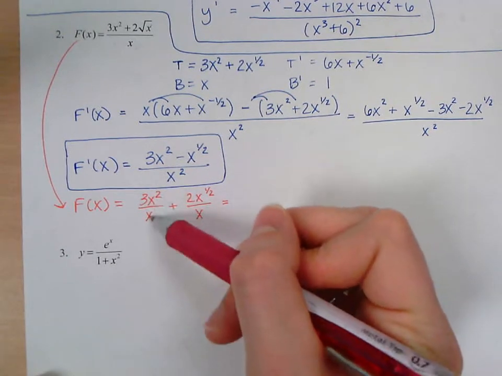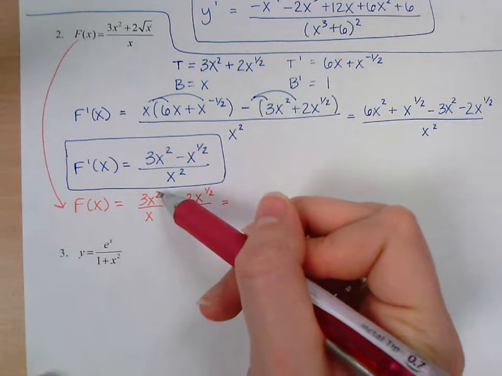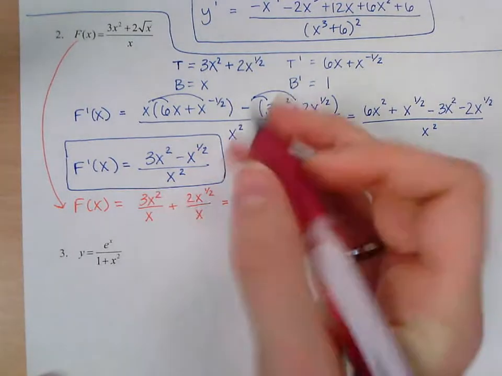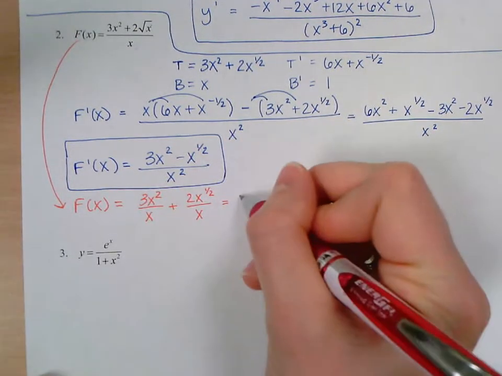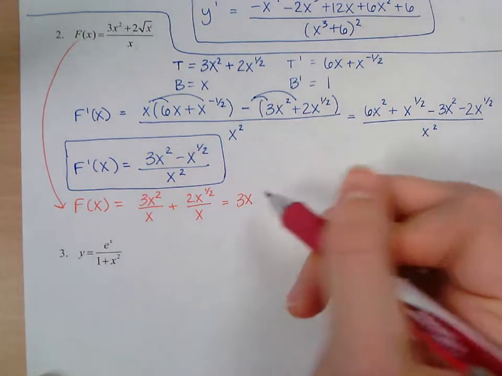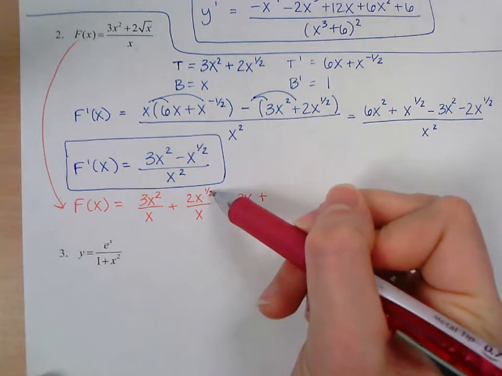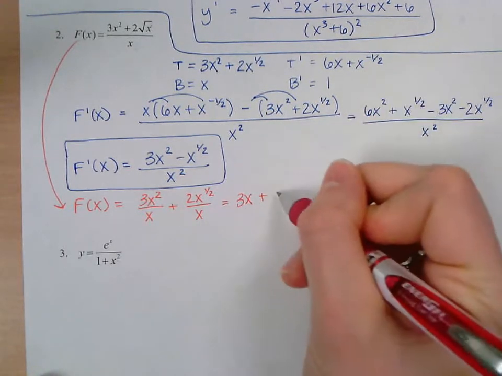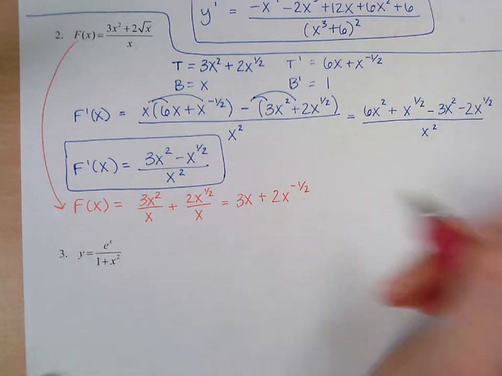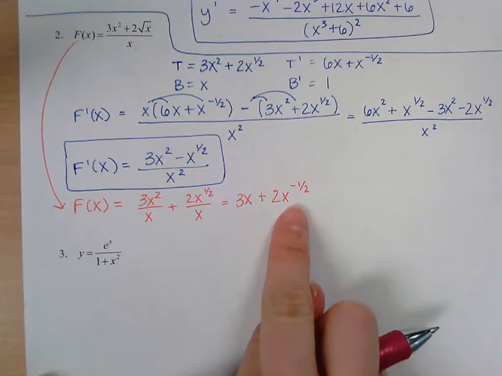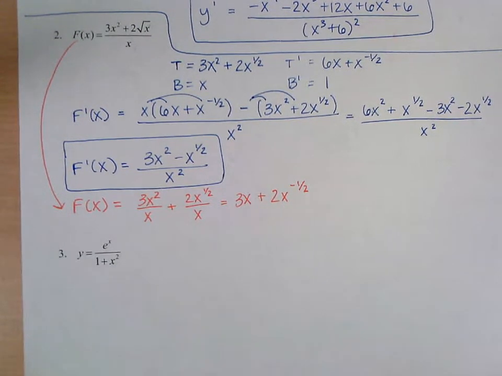Now when I divide, I'm subtracting the exponents, so 3x squared divided by x would just be 3x, and then I'd have plus, here, 1/2 minus 1, I'd have 2x to the negative 1/2. But now I just have 2 terms that I can use the power rule for.